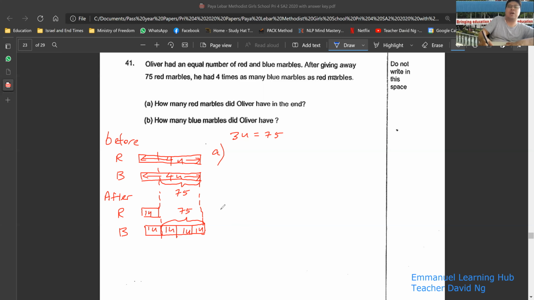So if 3 units is 75, 1 unit is how many? 75 divided by 3. That's equal to? What is 75 divided by 3? Let's do it together. 75 is divisible by 3.